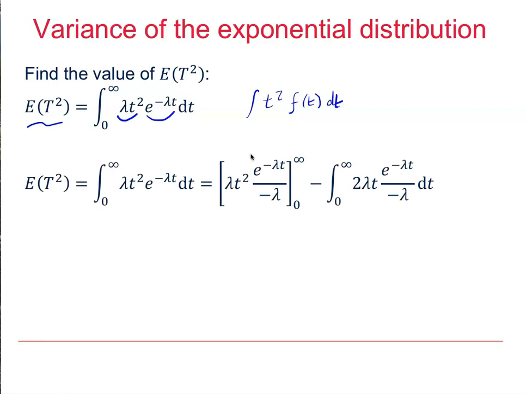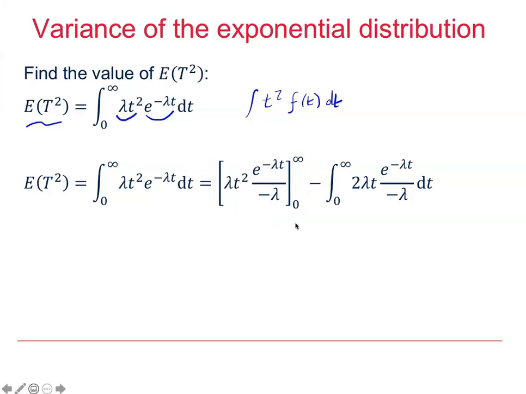Please pause to simplify this square bracket here, and also to simplify the integration. Hopefully you found that this first square bracket simplified to 0, and then the integration here simplifies as shown, and we're now left with this rather simpler integration to do.